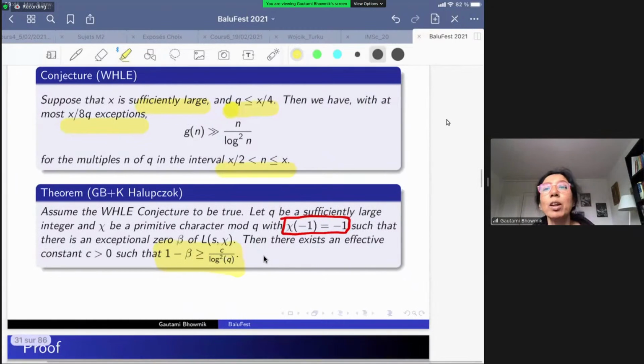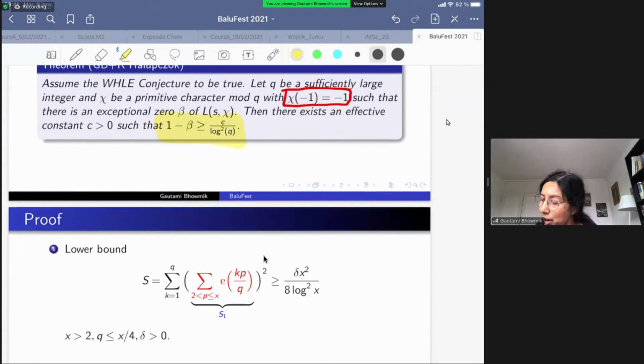So I can give you an idea of how the proof goes. We'll get a lower bound and we'll get an upper bound, and some nice things will happen in this. It uses the circle method.